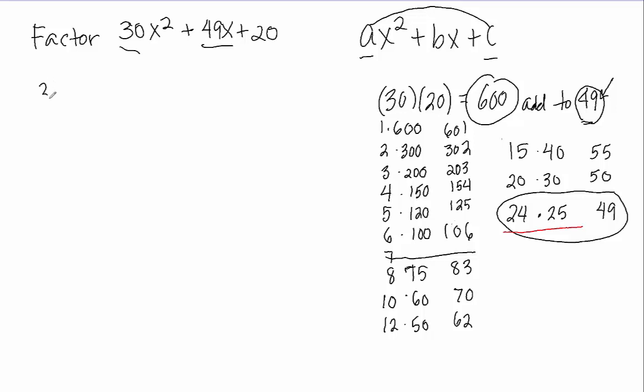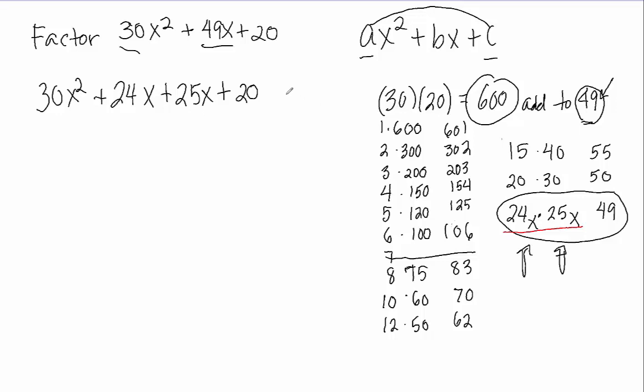So I'm going to write 30x squared plus 24x plus 25x plus 20. It doesn't matter what order you put these in. It's going to work regardless of the order.